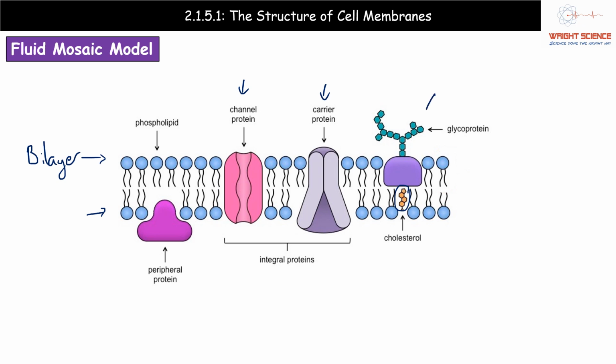And on the surface we have got these structures, these glycoproteins. So a protein with a carbohydrate chain attached to it that are protruding from the surface of the cell. And these are going to act as those receptors for things like our cell signaling. You will also find that there are some other peripheral proteins also scattered through the membranes themselves. But this gives us a nice little overview of those key components in this fluid mosaic model of our cell surface membrane or plasma membrane.